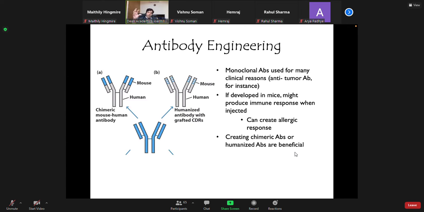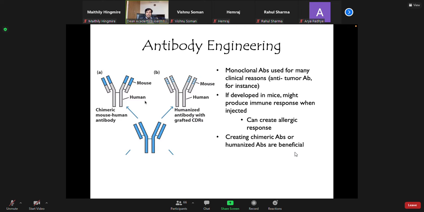Basically you get the CDRs from an antibody, or the sequence of an antibody, which is known to have that kind of specificity, and you graft it onto a human framework, right? So everything in this antibody is of human origin except for the CDRs, which are coming from a different species. Now this will be almost unimmunogenic in the injected species, in this case human, right?